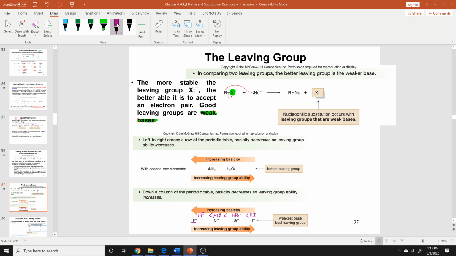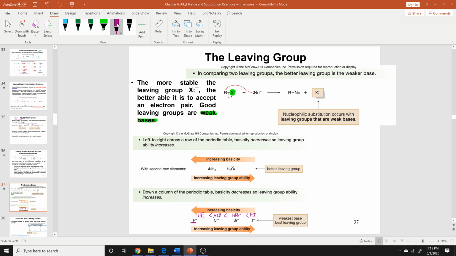Basicity is the opposite of acidity, so we go with the opposite of electronegativity to look for basicity. The more electronegative, the less basic. In this case, nitrogen is less electronegative than oxygen, so nitrogen is going to be more basic than oxygen.